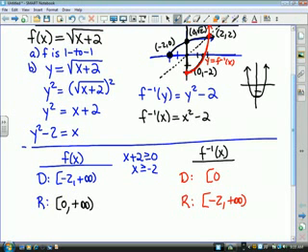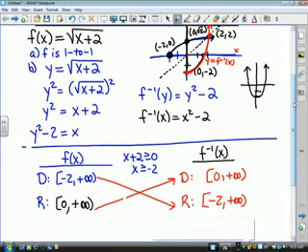Because see, if you look on the x-axis, domain's x, right? So 0 to infinity. Do you notice that obvious pattern? They switched, didn't they? And if you think about it, it makes sense. We switch x and y to do an inverse function, right? So it should make sense that the domain and range switches.